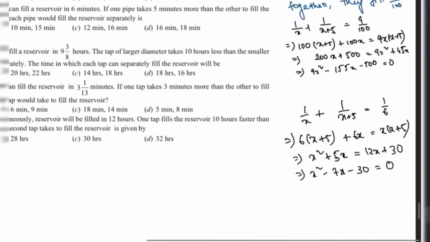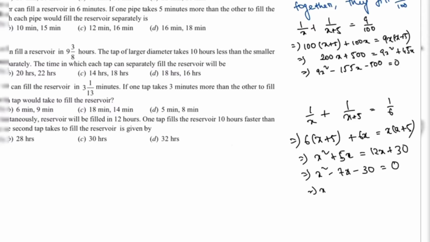So sum of roots is 7, and okay, we cannot do the sum of roots product of roots trick because one is x and the other is x plus 5, so we need to solve it. Okay, let's see. Implies x square minus 10x plus 3x minus 30 equals 0.